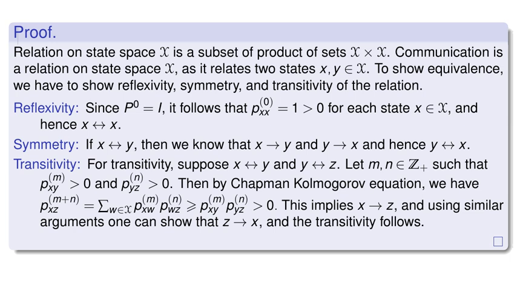This sum must be greater than or equal to this single term P sub xy superscript m times P sub yz superscript n, which we know is greater than 0. This shows that z is accessible from x, x arrow z. A similar argument can be made to show that x is accessible from z, z arrow x. Thus, transitivity holds.